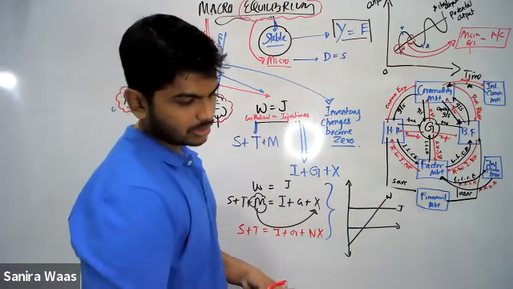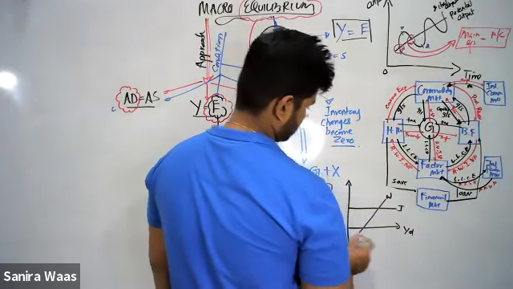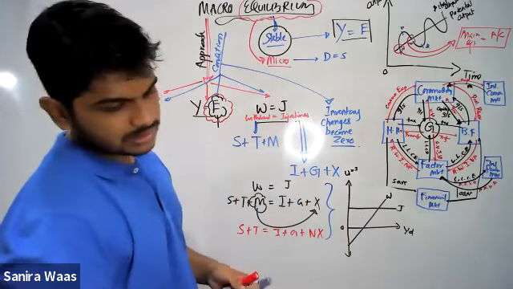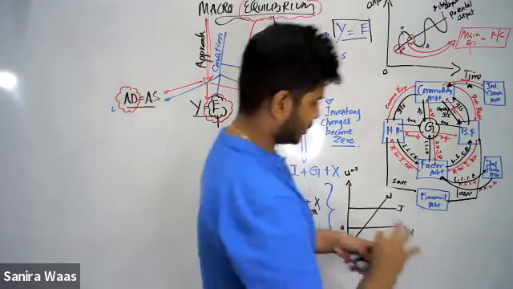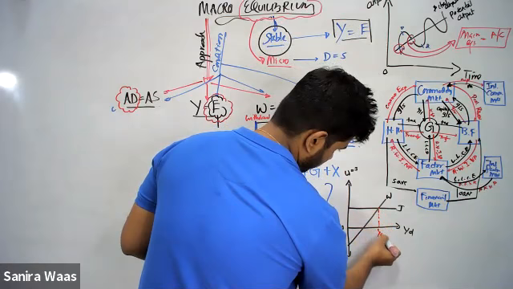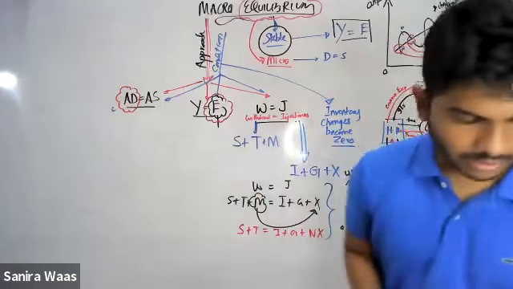Is this right or wrong, given that you mark the stuff? Is this diagram right or wrong? And you find the equilibrium. Is this diagram right or wrong?